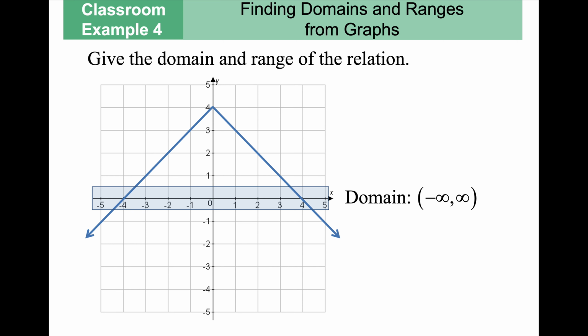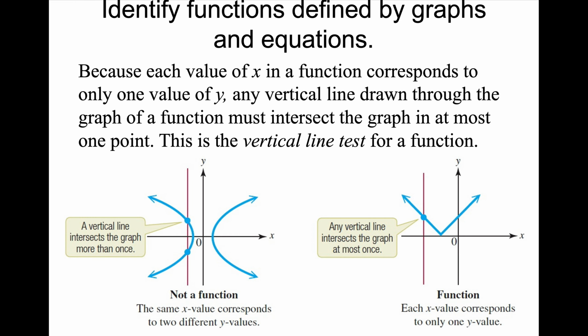Now, if I want the range, I'm going to use bottom to top. I can see that this little area up here has no graph, and it's never going to have a graph. So going bottom to top, that's negative infinity, and it stops at 4, and I'm going to use a bracket because there's no open circle. So left to right for domain, bottom to top for range is how we're going to do this.